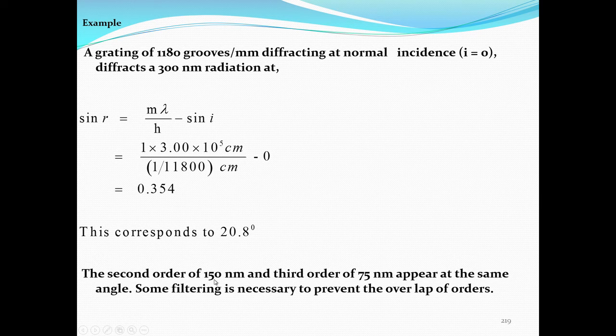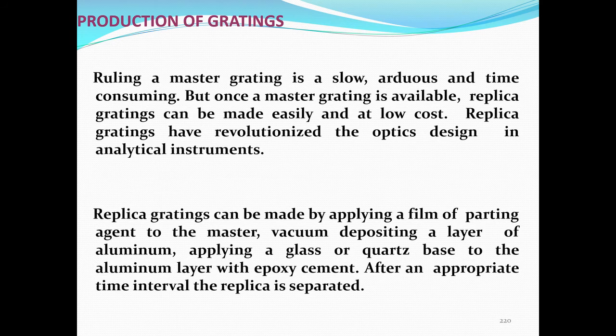So, the second order of this would be 150 and the third order would be 75, and they appear at the same angle of 20.8 degrees. So, some amount of filtering is necessary if you want to prevent the overlap of the higher orders in a grating, that is important.